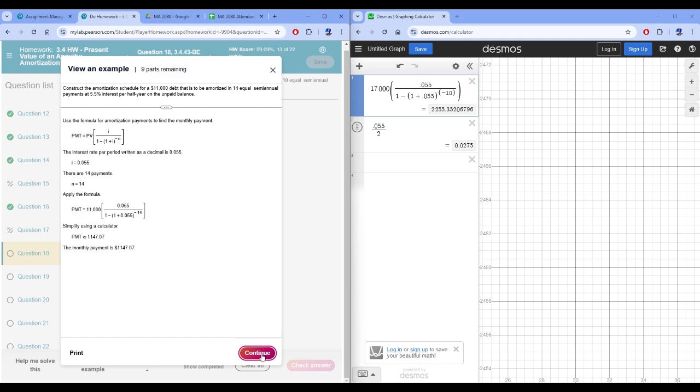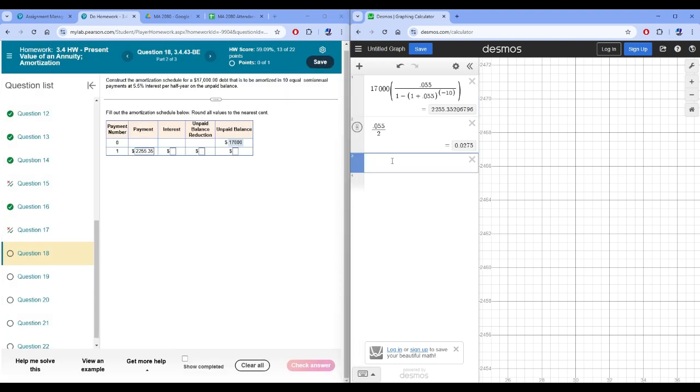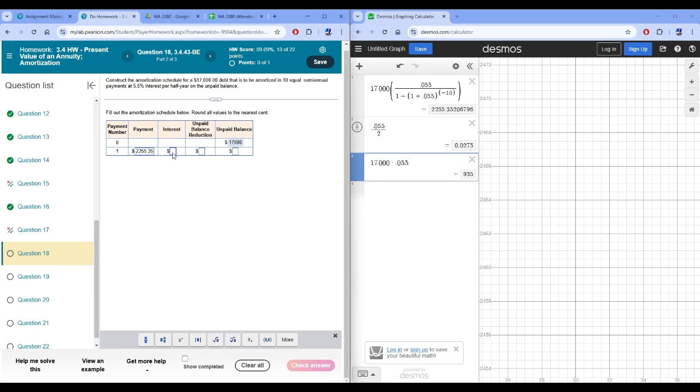I have no idea how to make an amortization schedule. Find the interest, multiply the first times that. So if I do 17,123 times 0.055, that gives me $935. Unpaid balance reduction.